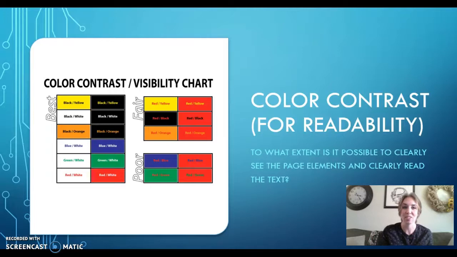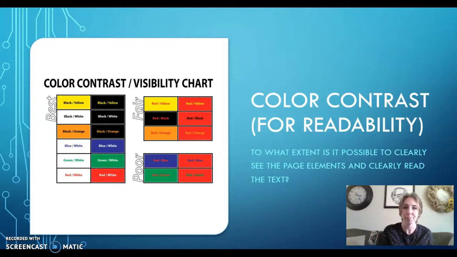Many colors fell into this poor category, with red on blue background or red on green background. Very difficult to read. So you want to make sure that when you're looking at an image, whether it's being effective in the visual spectrum or not, you want to look at that color contrast in terms of text and readability.